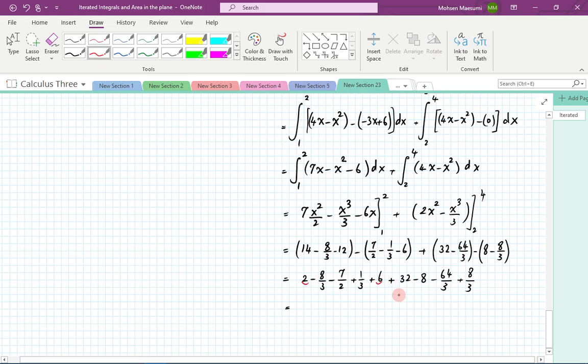2 and 6 is 8, and the 8 cancels out, and 32, so I have 32 here. All the fractions with a denominator of 3, let me collect them all at the same time. So I have minus 8 and a 1, and then minus 64 and an 8. Let's put them all together. So that took care of these 4 items, and then I have a 7/2 left over.